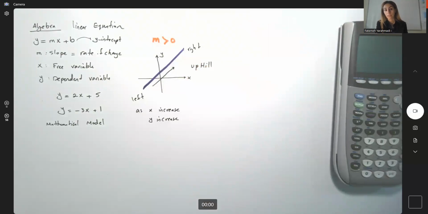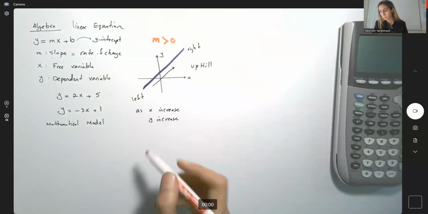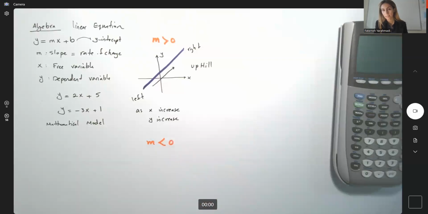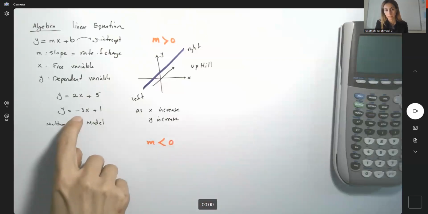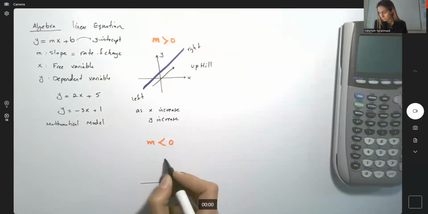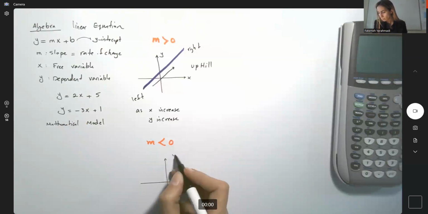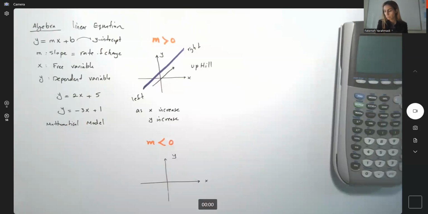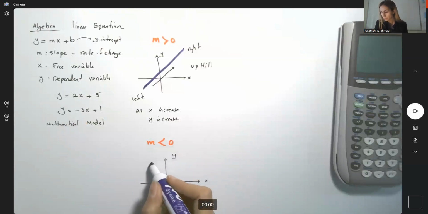However, if you have a negative slope, if m is less than 0, like in this scenario, we expect the graph to be a decreasing graph. So we have a graph from left to right, the graph starts decreasing, all right?